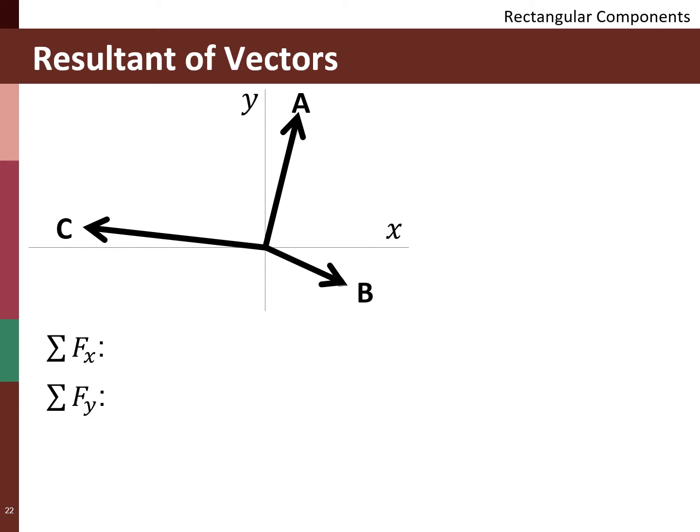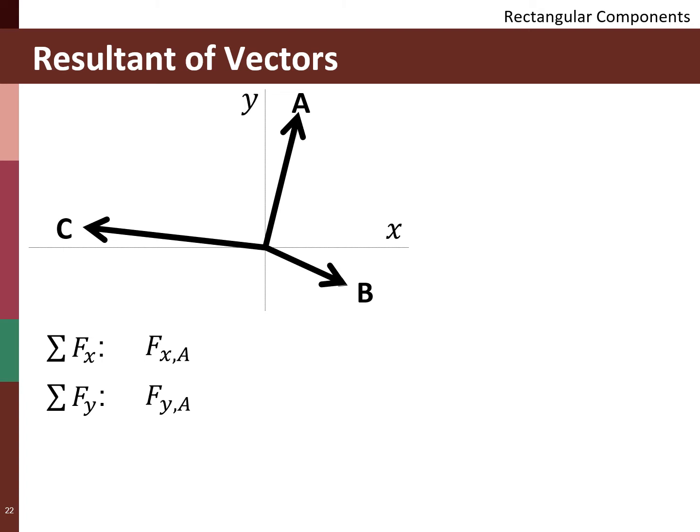We follow the sign convention in the Cartesian coordinate system. X components that point to the right are positive, and those that point to the left are negative. Y components that point upward are positive, and those that point downward are negative. So for vector A, the x and y components are positive.